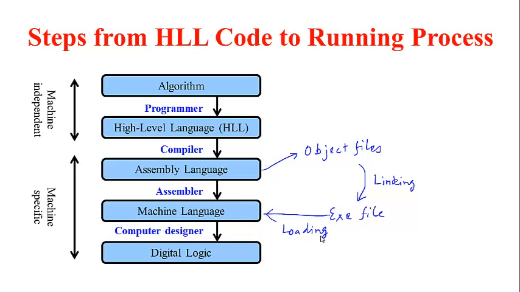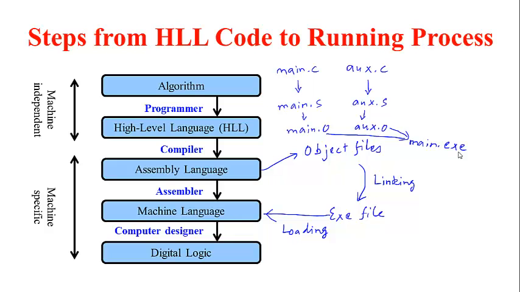In any typical non-trivial program, you usually have more than one file representing the higher level language code. And each of these files gets converted into a separate assembly language code, and in turn each of these assembly language code gets converted into a separate object file.